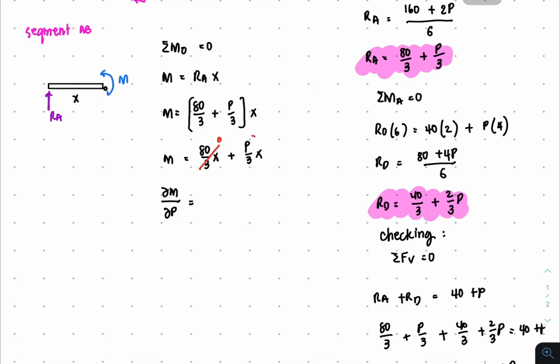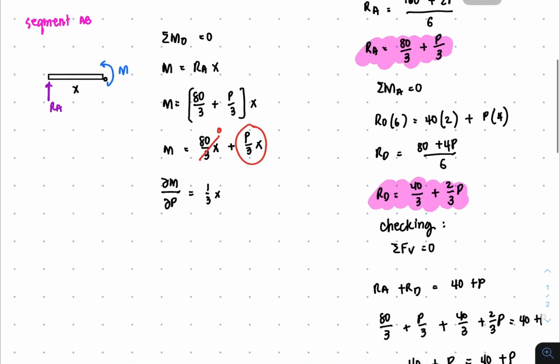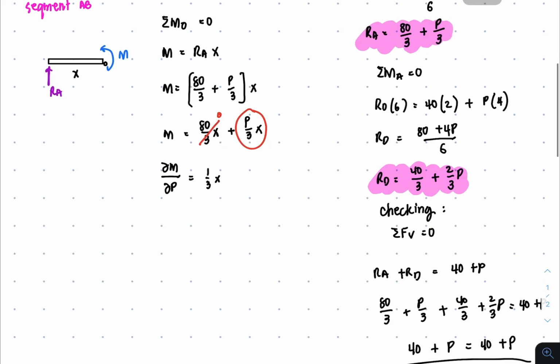And then here, this will now be considered as the variable, since the variable now is P. In this case, the derivative of 1/3 x of P is equal to the 1/3 of x.